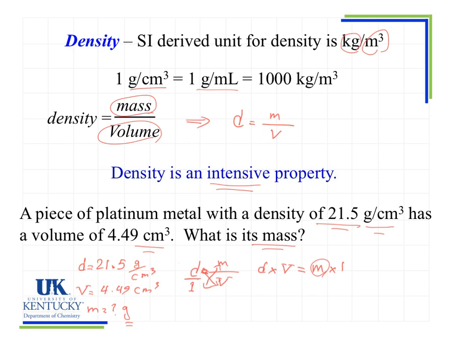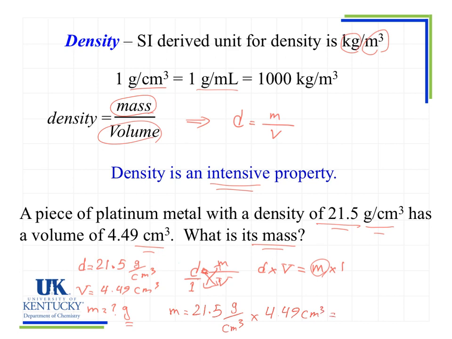So we are trying to find the mass, and mass is density times volume. The density is 21.5 gram over cubic centimeter times volume, 4.49 cubic centimeter.